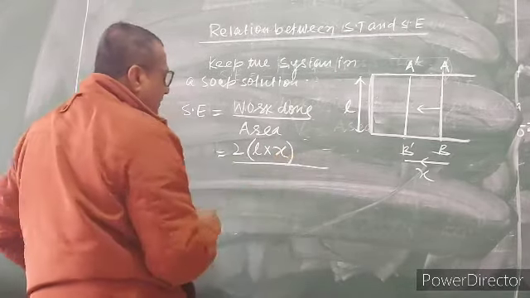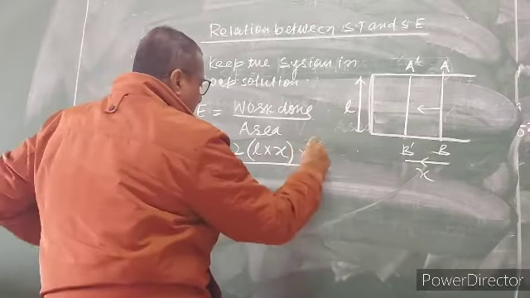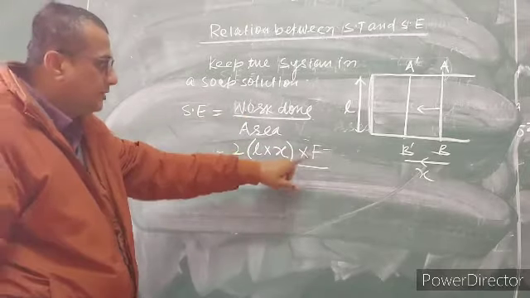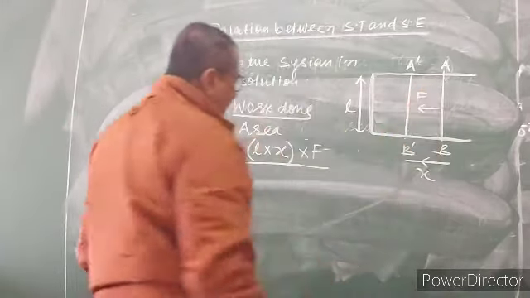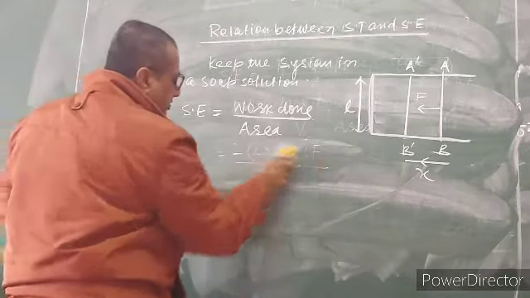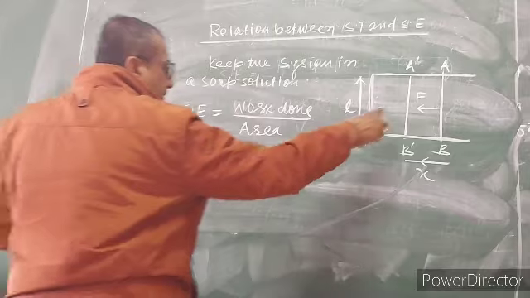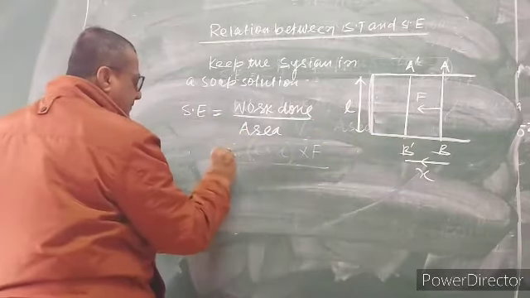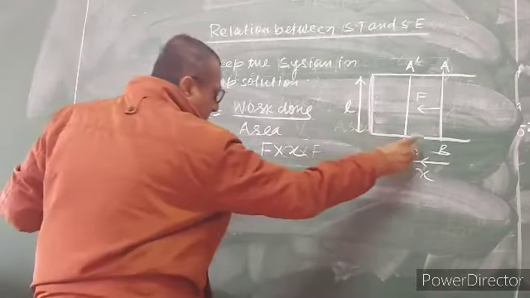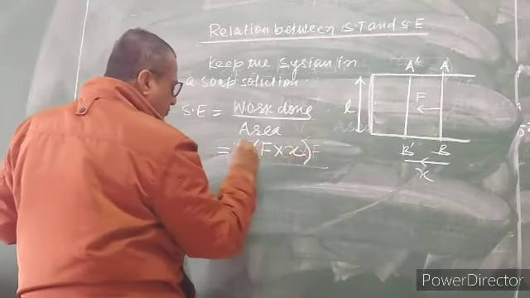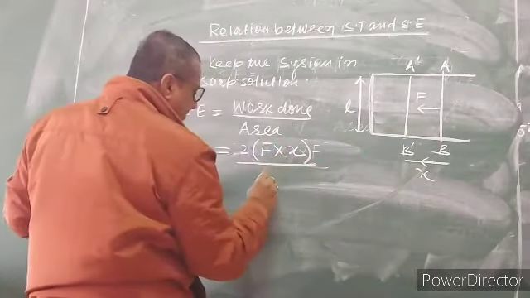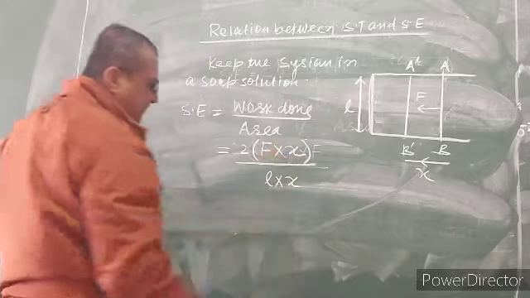Force acts in this direction, and once more in this direction, so force into displacement, but with the double layer, multiplied by 2, divided by area L into X.